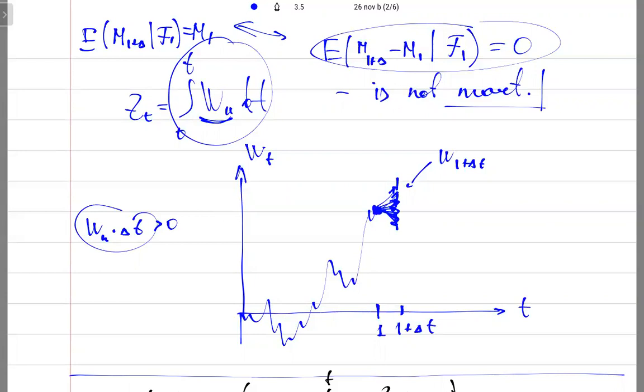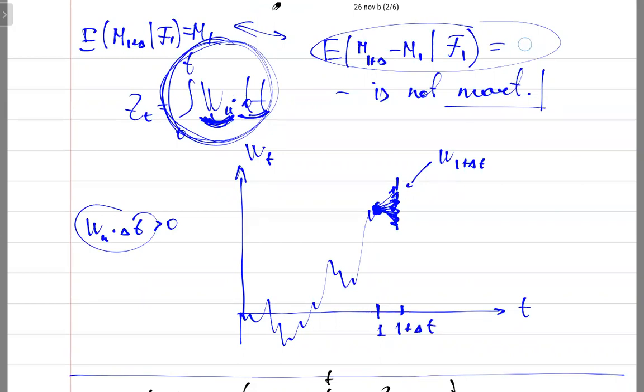Consider a small delta of time. What is the expected change of this integral? It is the current value of W multiplied by small delta. If the current W is positive, you expect a positive change.